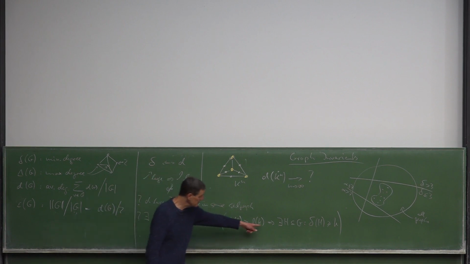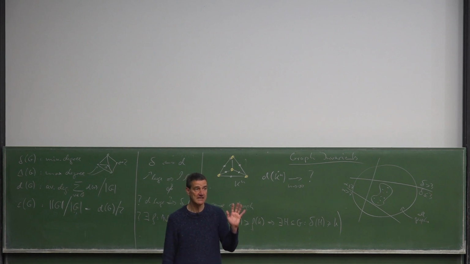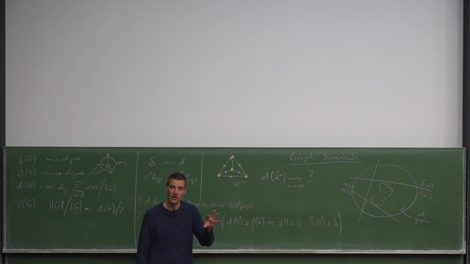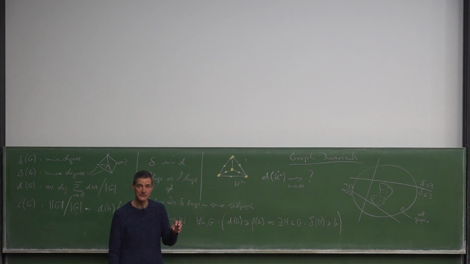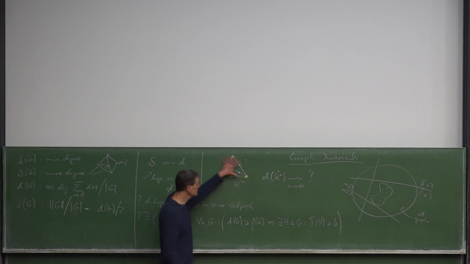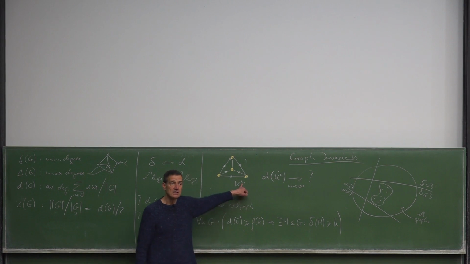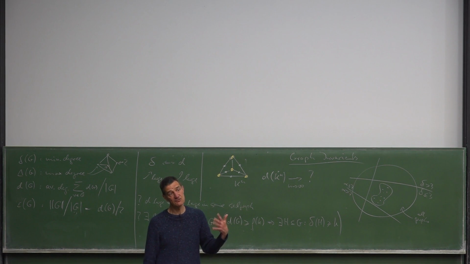K equals 3, what would f of k have to ensure? It would have to ensure that whenever a graph has average degree at least f of k, then it has a subgraph of min degree at least k. So for k equals 3, these graphs for n large would have to have a subgraph of min degree at least 3, but they don't.